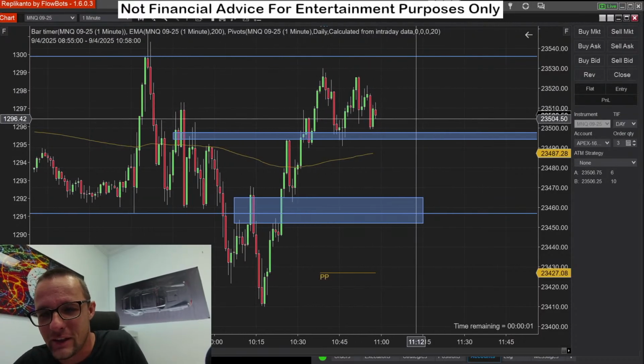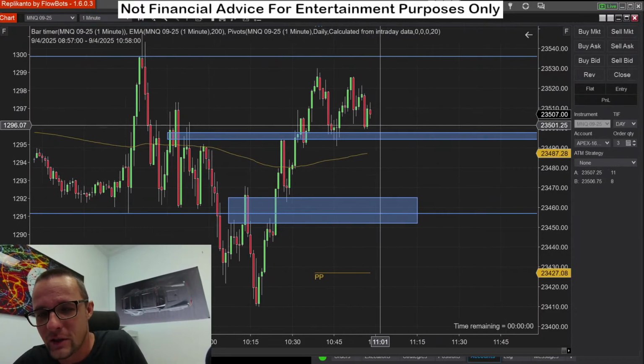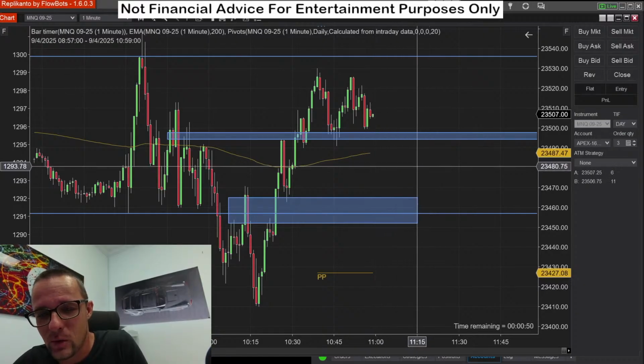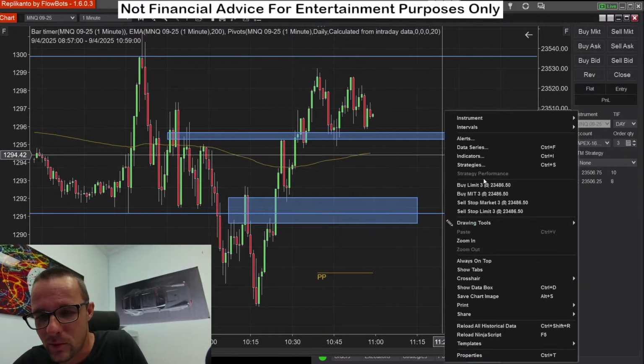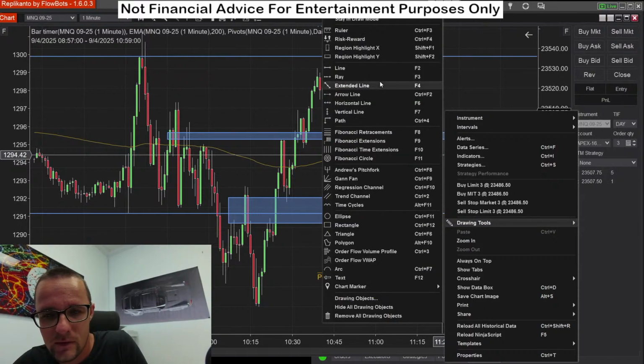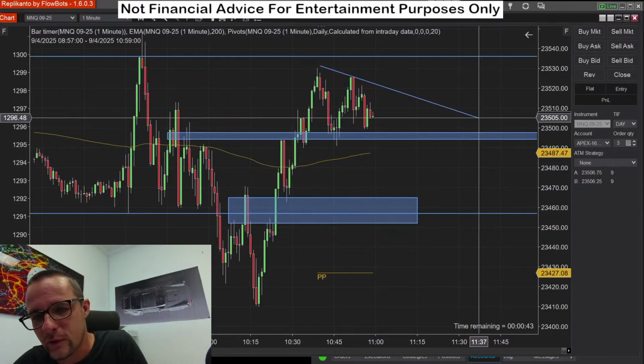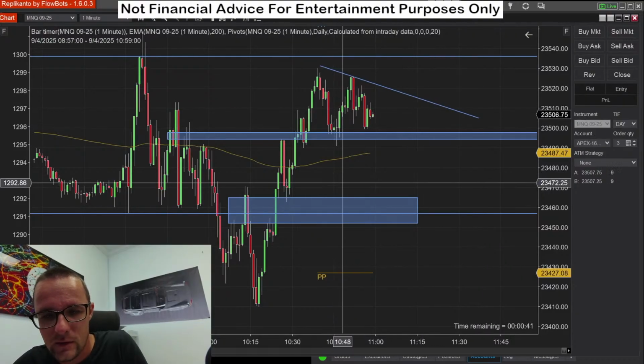So this thing could drop lower. Two things could happen: it could drop lower, or maybe it's starting to form a bull flag.